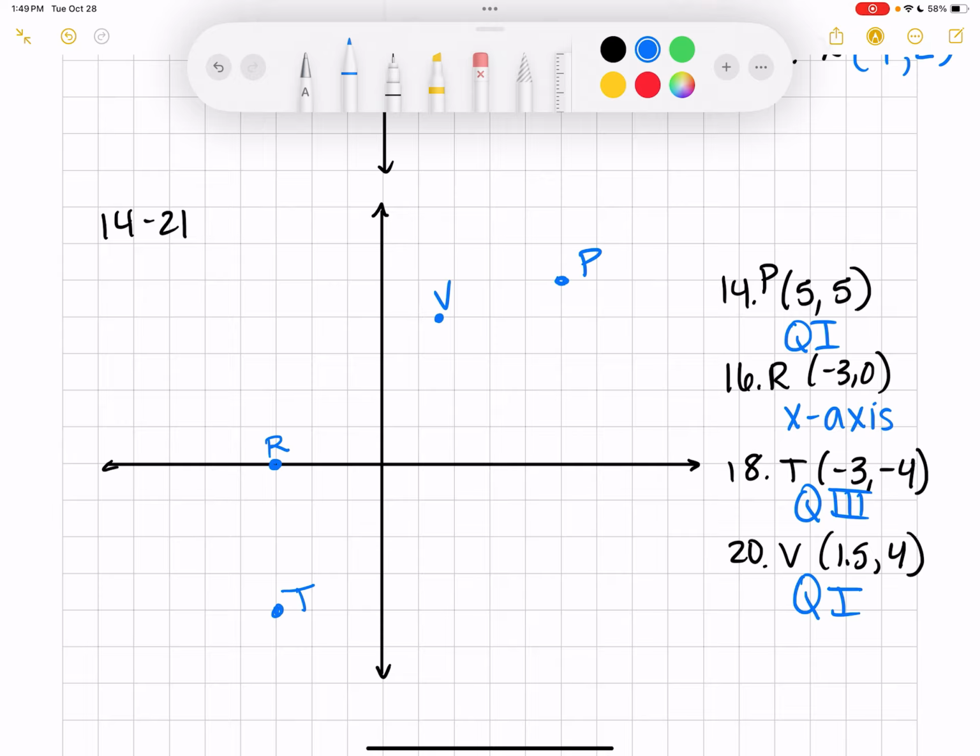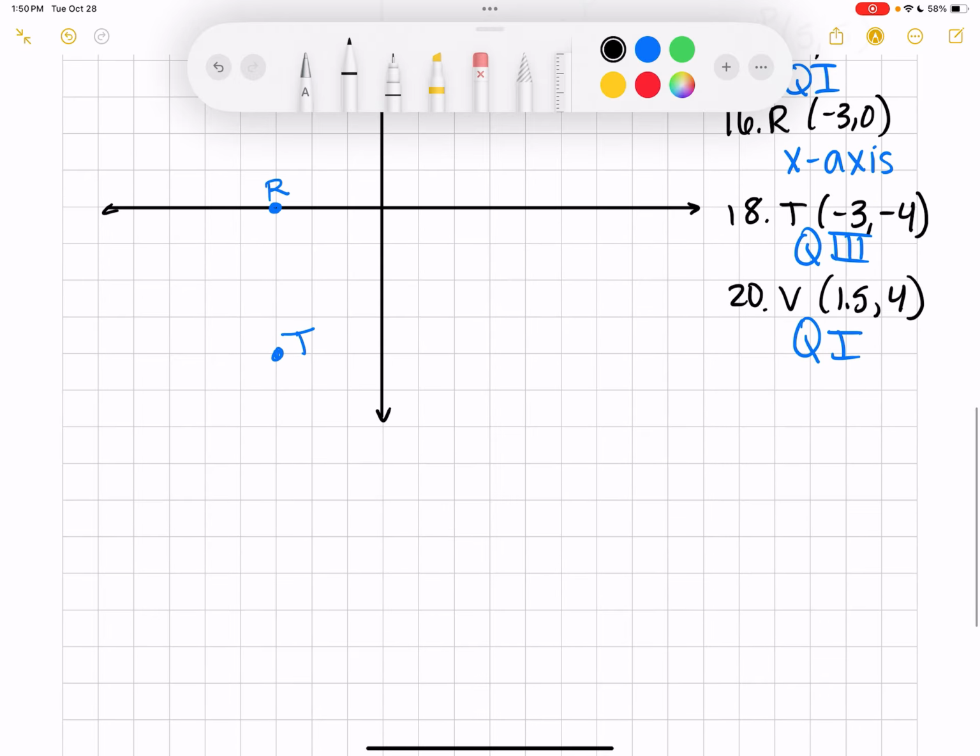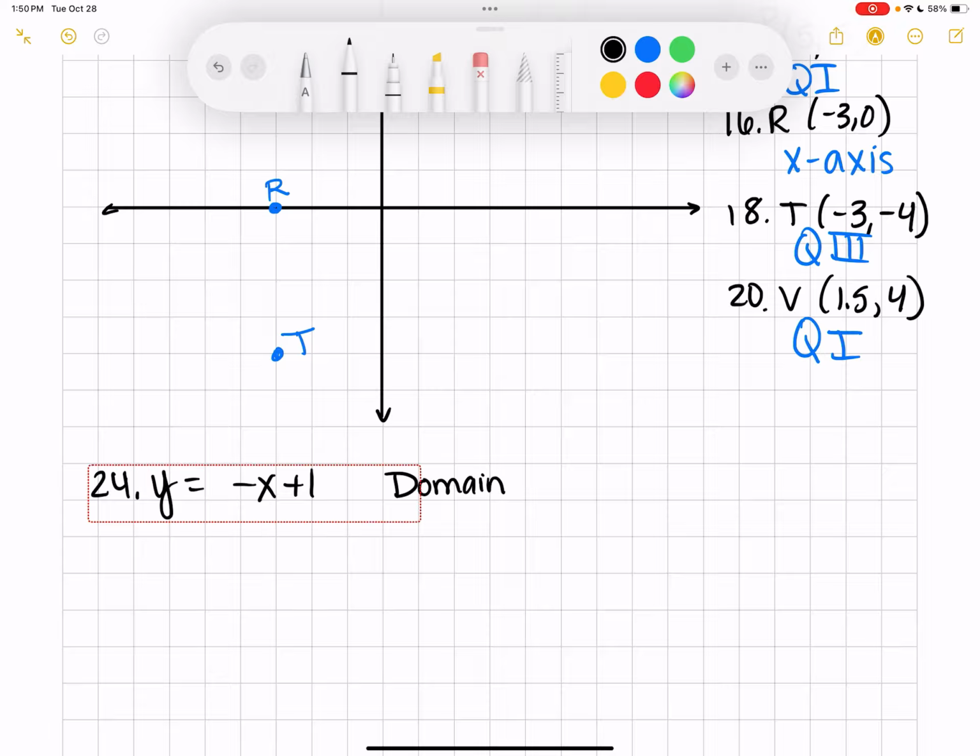All right, the last ones say to graph the function with the given domain, identify the range of the function. So what we have to do on ones like this, they're going to give us an equation, y equals -x plus 1, for example. The domain that they're giving me is -2, -1, 0, 1, and 2.